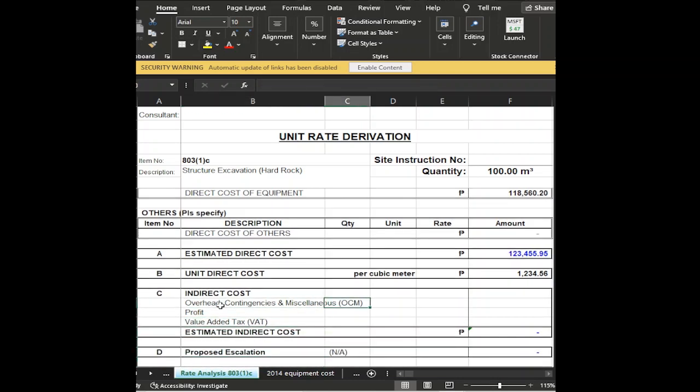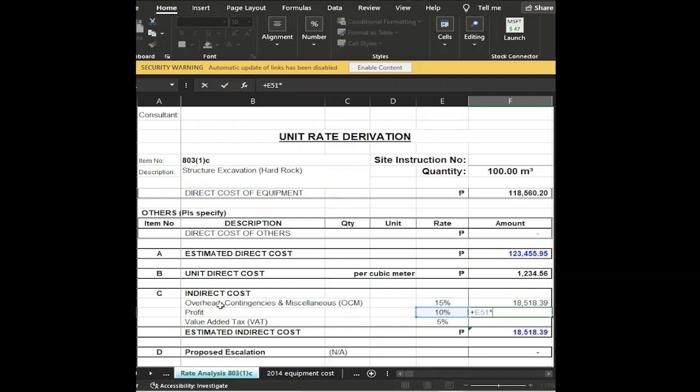For our indirect cost, we will take the same direct cost, 15% for OCM. Then for profit is 10%. We have 5% value added tax. So we will just multiply this one. The total estimated direct cost is 1. Then the 10% also we'll multiply here. Then the 5% includes the OCM and the profit.